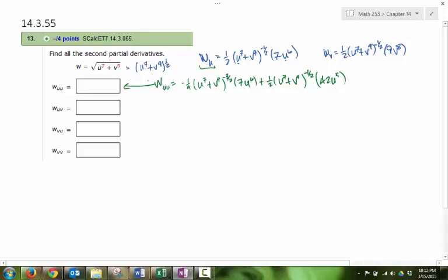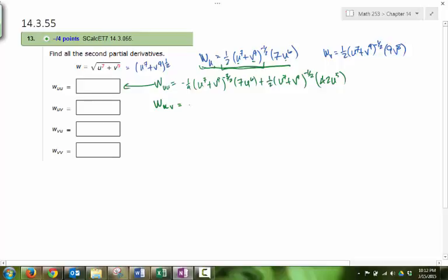Now let us take the derivative of, let's see, we'll take the derivative of w sub u with respect to v. Okay? So this is a constant, so I would just leave that as is and take the derivative of just this part right here.